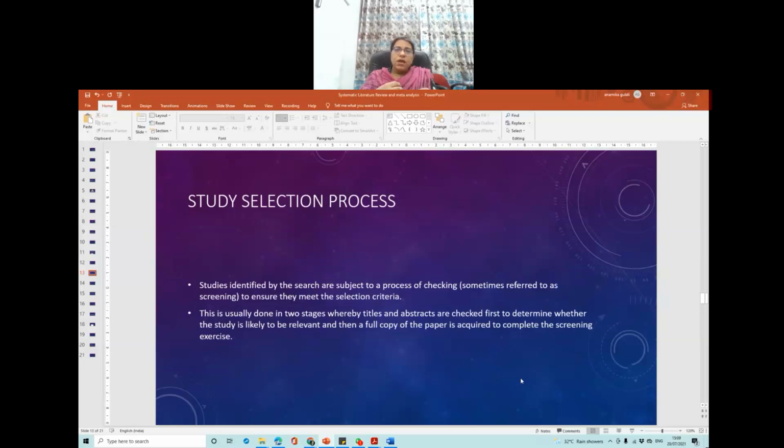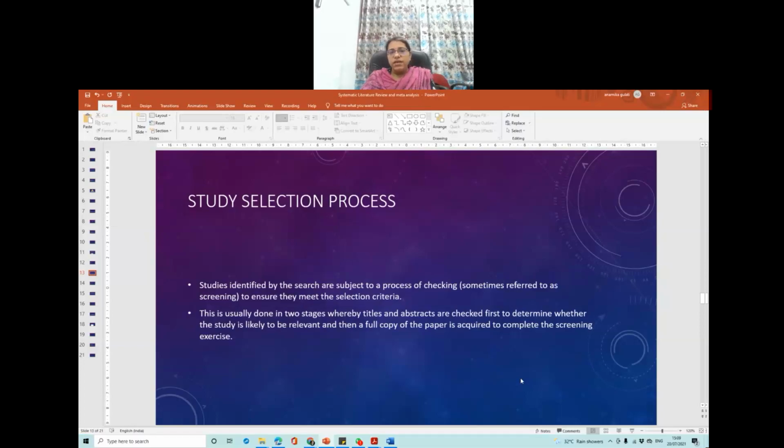Or there are some studies where you find that the outcomes you decided in your protocol are not there in the study. So you will exclude that study. There are multiple ways and multiple steps where studies get excluded, and finally you reach a funnel point where only a few studies are relevant to answer your review questions.